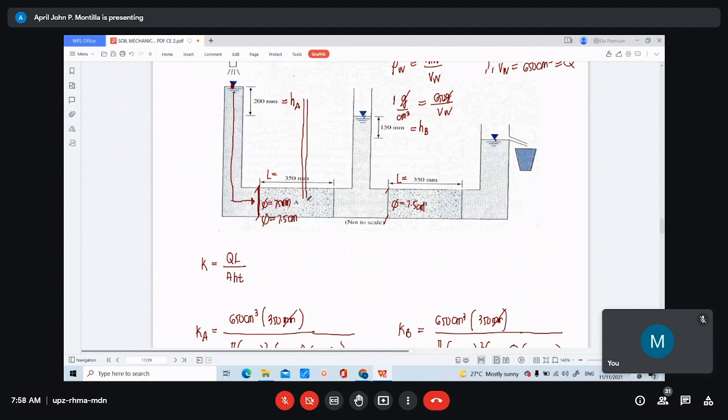Pag may piezometer tayo dyan, there will be a pressure head. No, lalabas yung tubig dyan or magfo-flow pataas due to the pressure of water. No, until up to that point. Tama? Eh ngayon, ipapakompute sa atin yung head loss dyan.